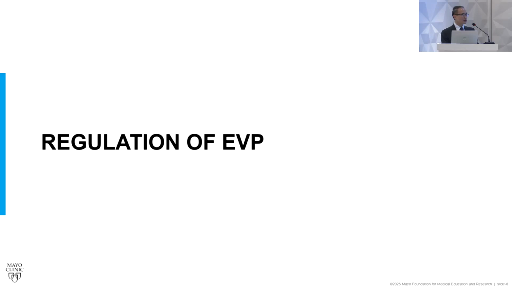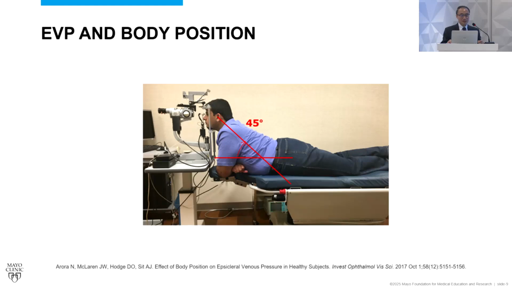We can then start to think about what things regulate and change episcleral venous pressure. One thing is body position. This is a study that we did a few years ago with a group of young volunteers, obviously, because they had to get into this rather uncomfortable position at the slit lamp. We compared EVP in this position versus EVP sitting upright.